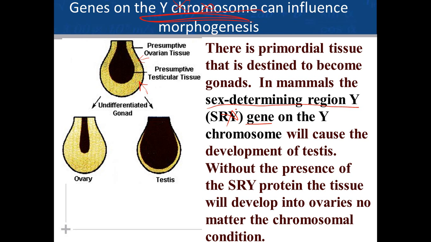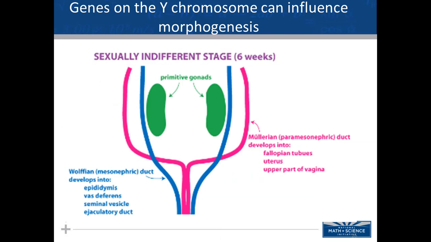So let's look at what is going on. Here is this primitive gonad that we spoke of. And as we look at the embryo, we also find that there are two different primitive ducts. In blue, right over here, we have something called the Wolffian duct. The Wolffian duct is going to develop into, under the right conditions, the epididymis, the vas deferens, the seminal vesicle, and the ejaculatory duct.